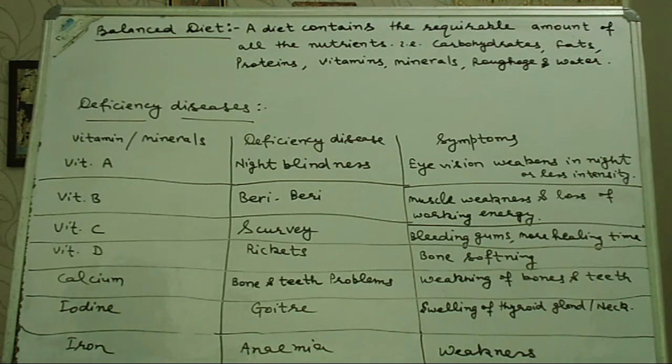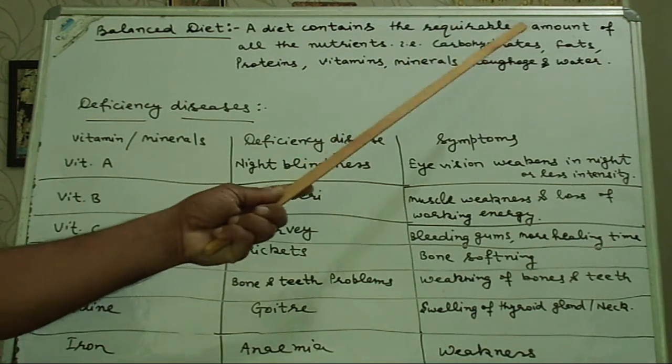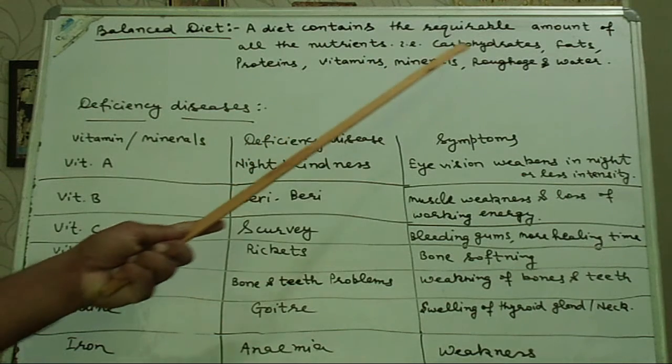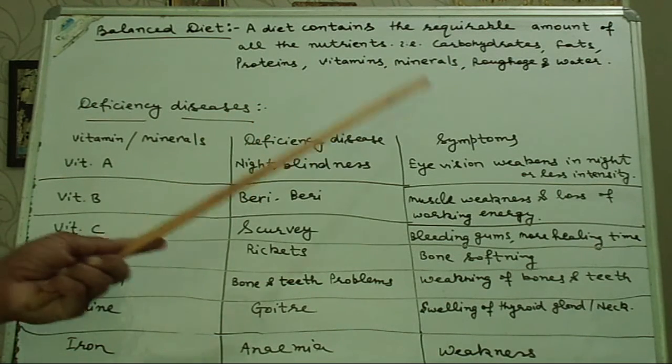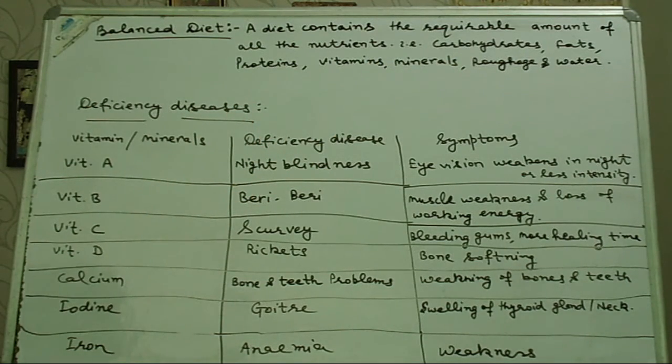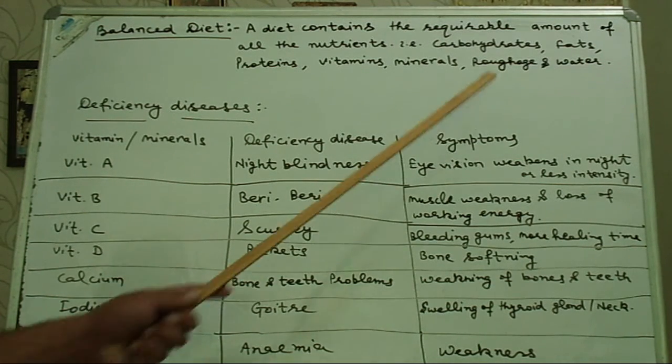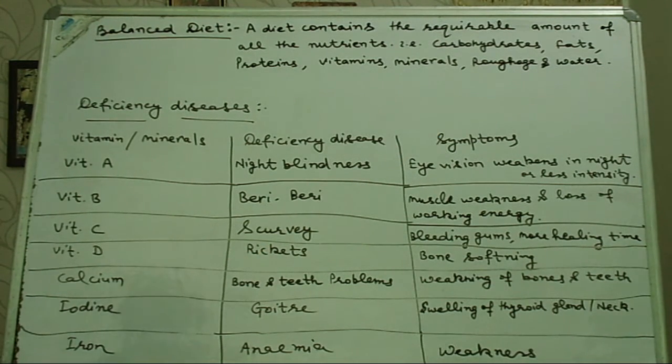So a balanced diet contains the required amount of all the nutrients, whether it's carbohydrate, fat, protein, vitamin, mineral, roughage and water. Some of the food items that provide us roughage are citrus fruits, you know, musambi, malta, nimbu.